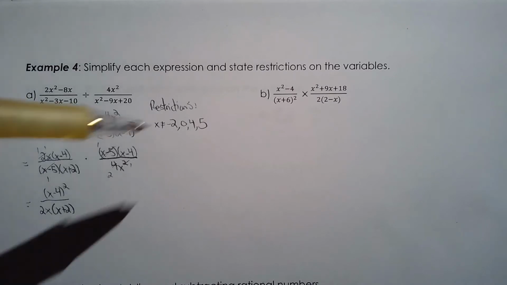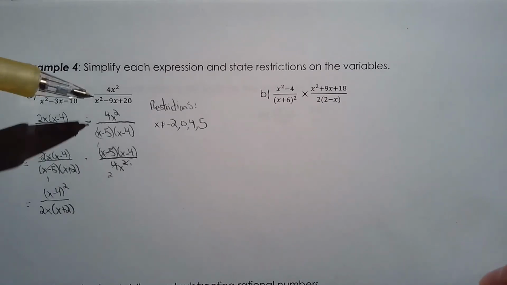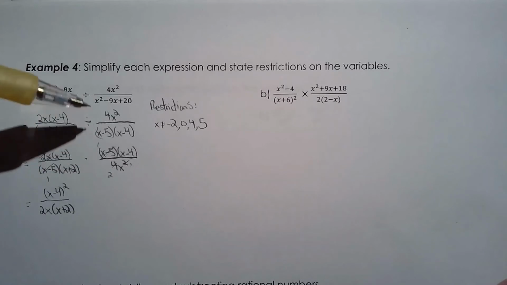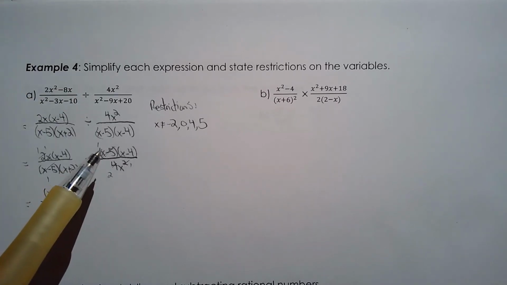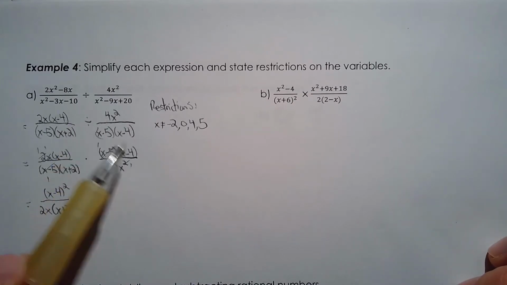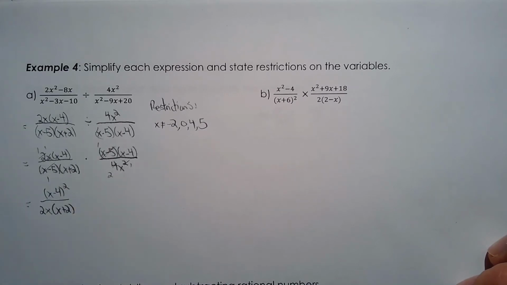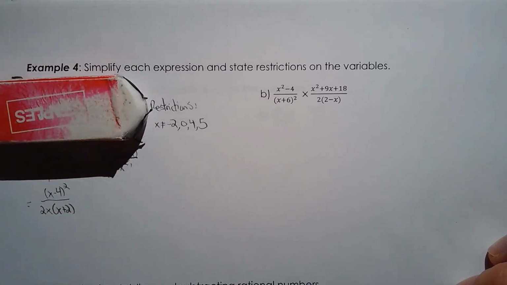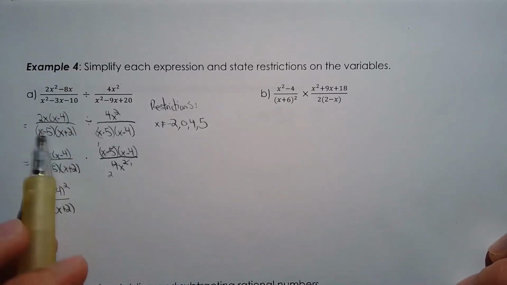Why did I not take the reciprocal right off the beginning? I could have, but I highly don't recommend that for students, because if you take the reciprocal right away, you might miss some restrictions. Okay, so if I hide this first line here, and all you see is x minus 5 and x minus 4 in the numerator, you will miss the restriction of 4.